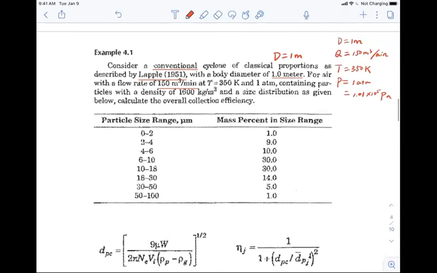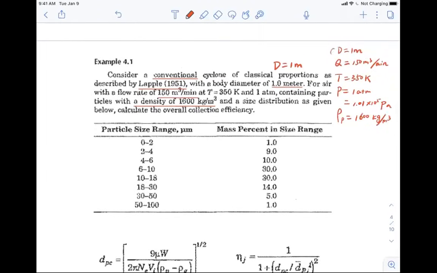And further, it contains particles with a density of 1,600 kilogram per meter cubed. So rho P is equal to 1,600. Okay, all right, so these are all the constants that are provided by the problem.